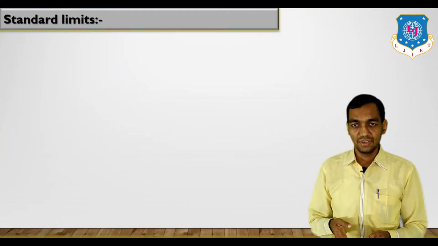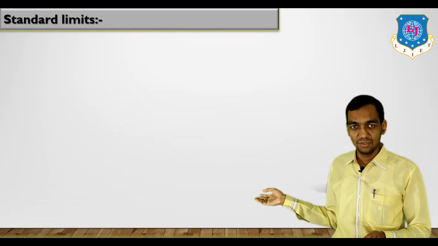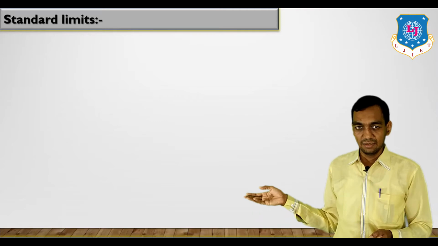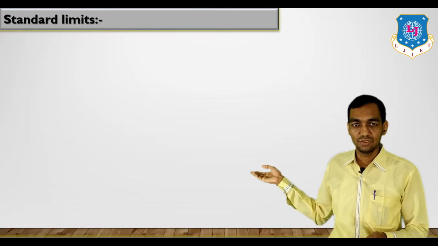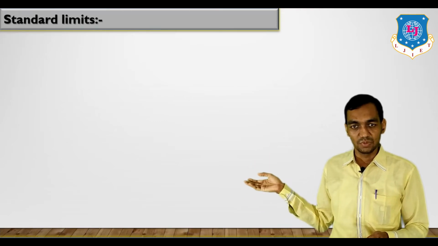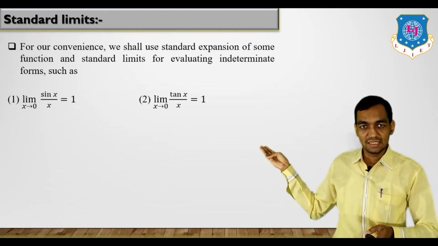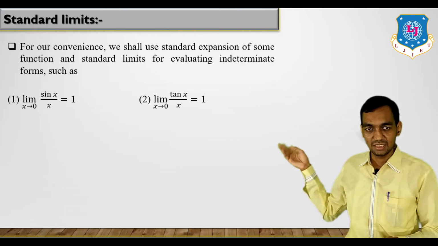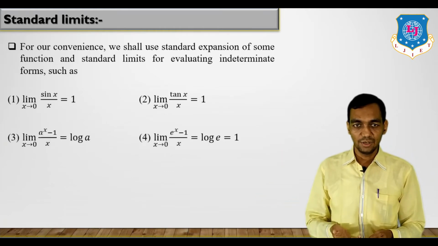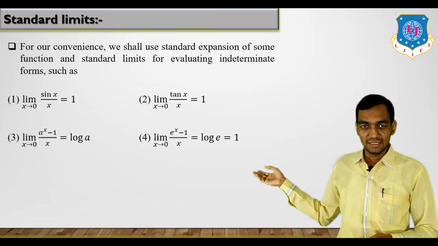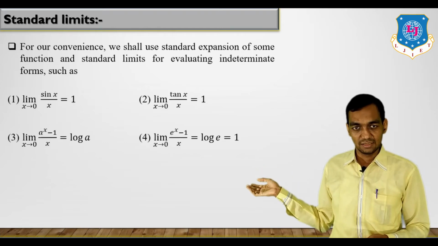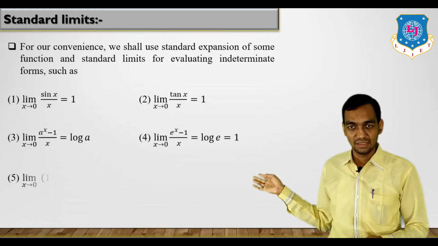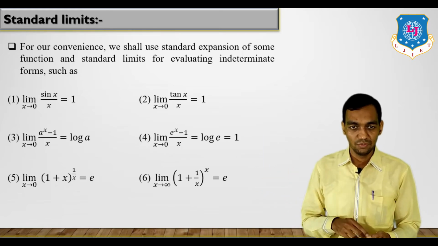Now here we are going to write down some standard limits, and we are going to use these directly whenever we need them, because basically these limits are also obtained from the indeterminate forms. Okay. So first limit is sin x upon x where x tends to 0 has a value 1, that you are already aware of. In the same manner tan x upon x where x tends to 0 has a value 1. Limit x tends to 0 a raised to x minus 1 upon x has a value log a, and e raised to x minus 1 upon x has a value log e, that means it has a value 1.